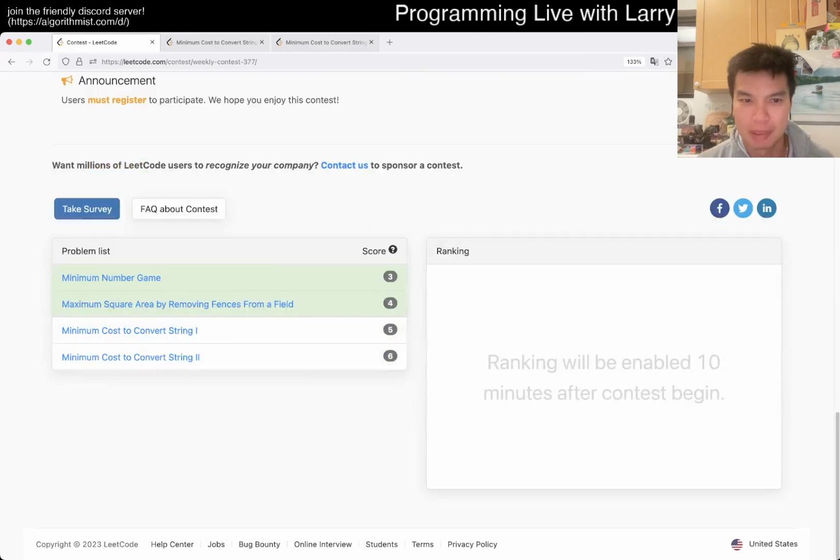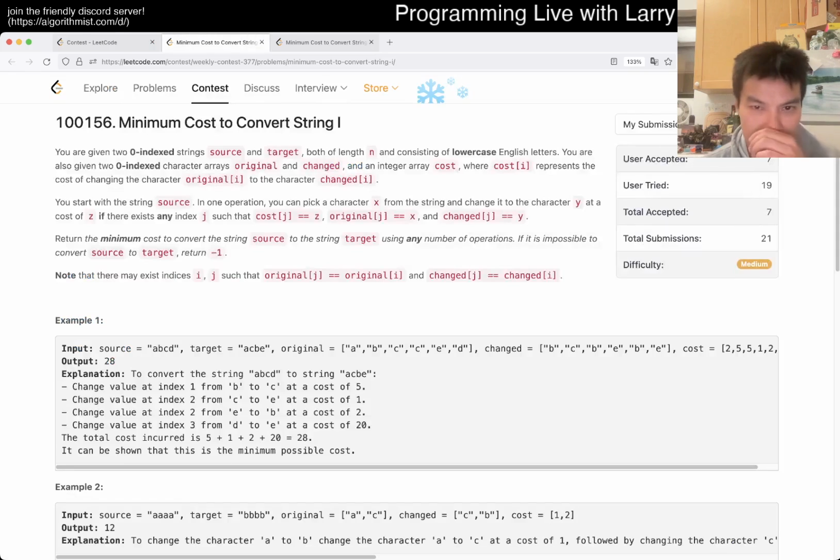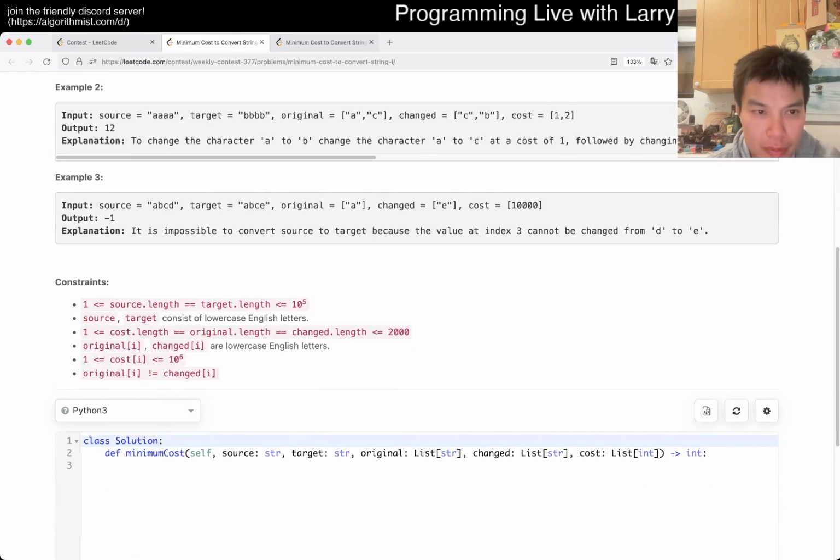I wonder how many people got Q2. Good amount. 10 to the 5th.